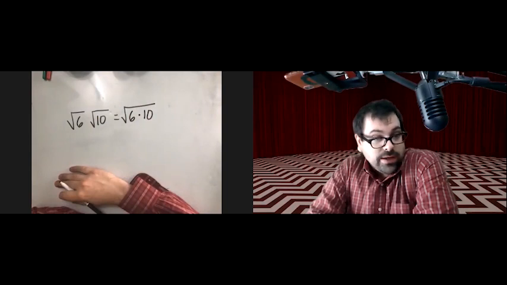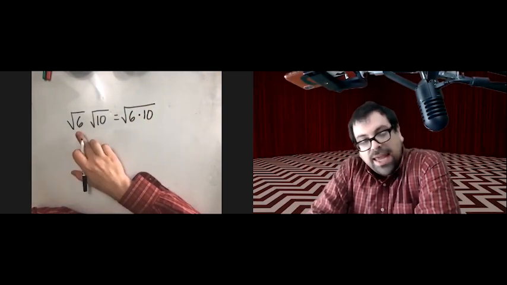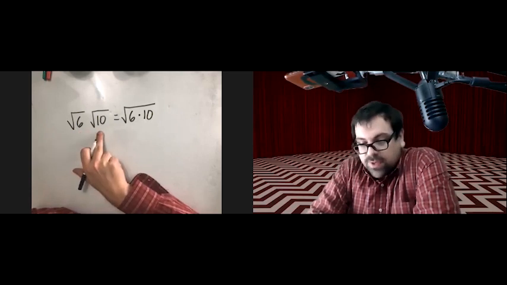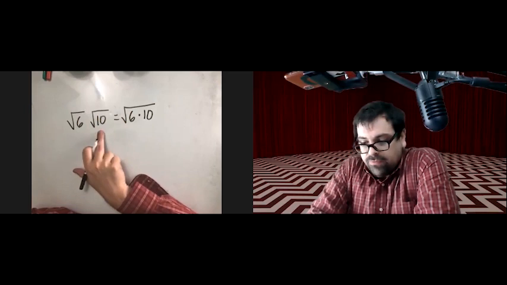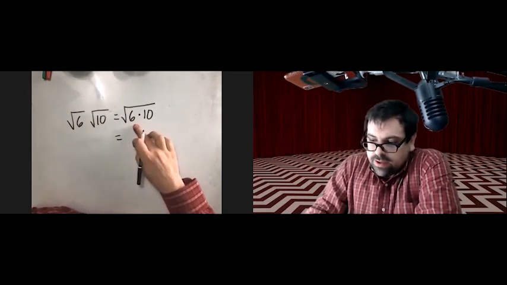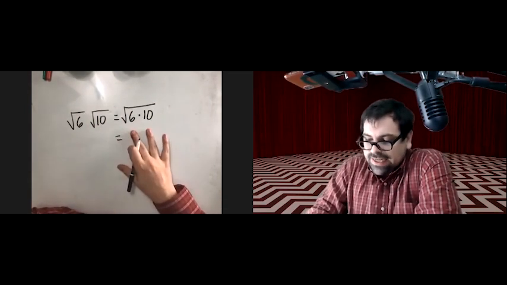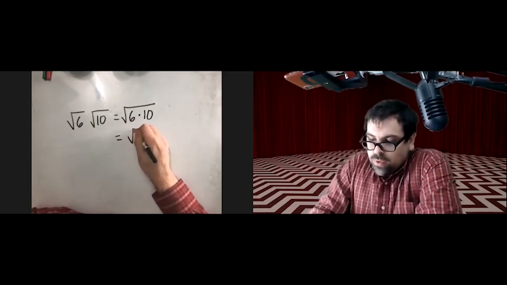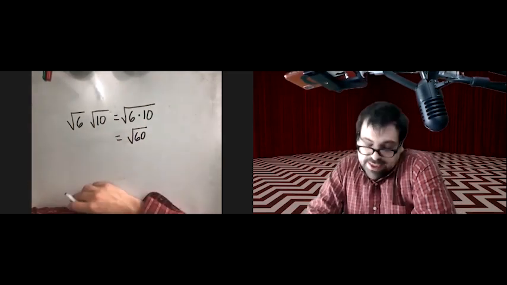That's what's always at play. So we can't simplify radical 6 and we can't simplify radical 10. But if we multiply them together underneath, we get radical 60.